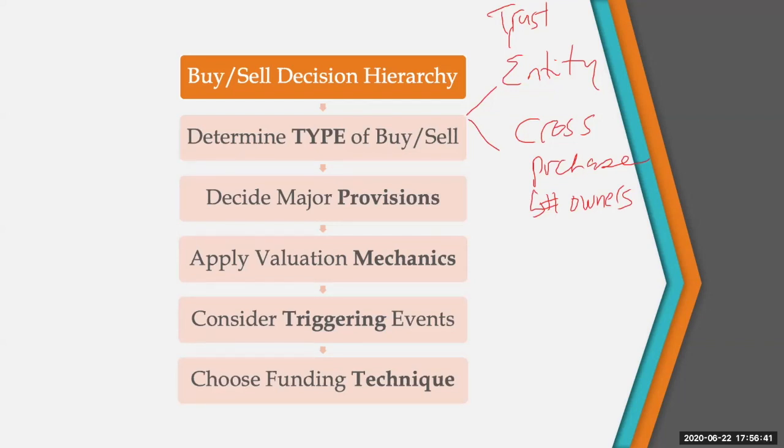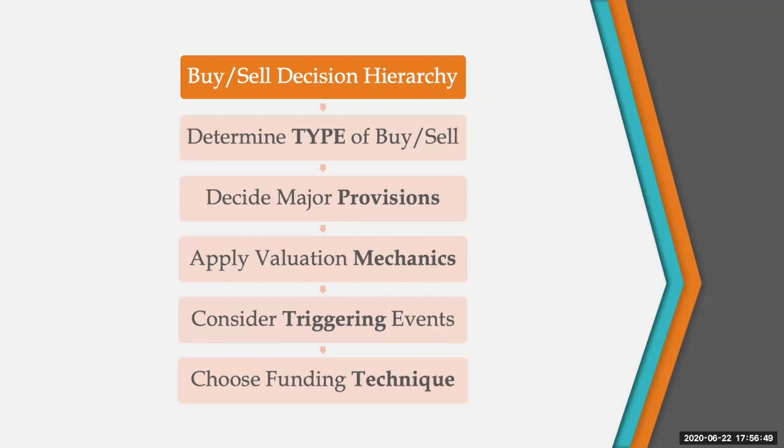So that's a big driver in determining whether it's going to be an entity buy-sell or cross-purchase buy-sell. It also has to do with health: if it's a cross-purchase and I'm in excellent health and you're my partner in very poor health, it's going to cost me a whole lot more money to own that policy on you. That sometimes comes into play, especially if you have some unhealthy partners.